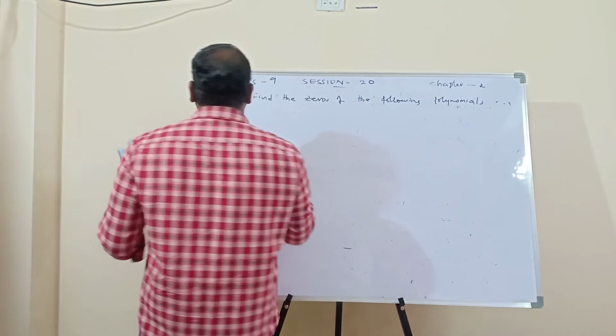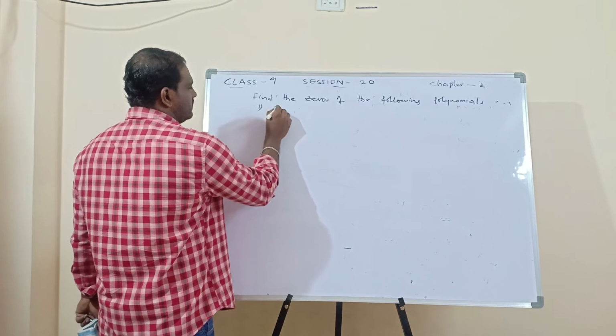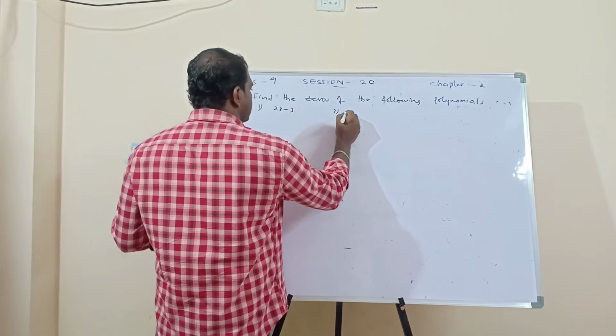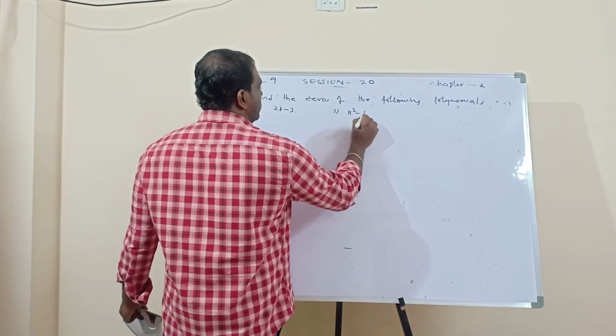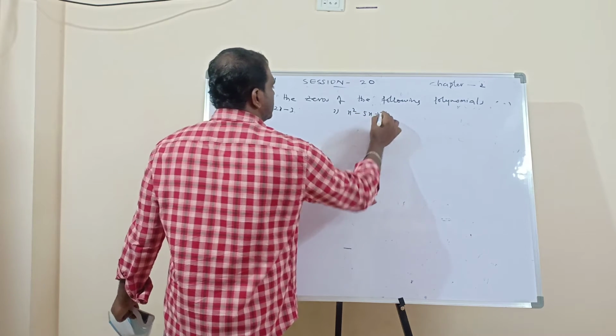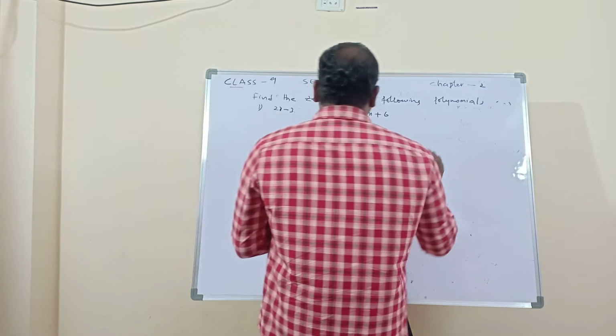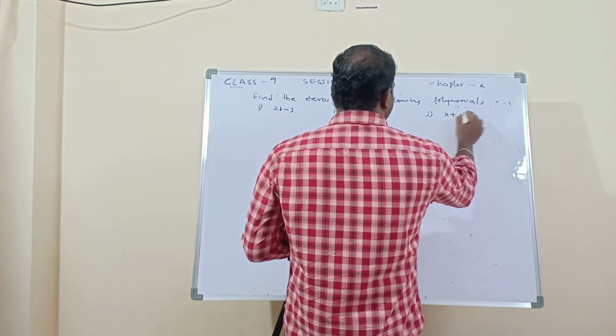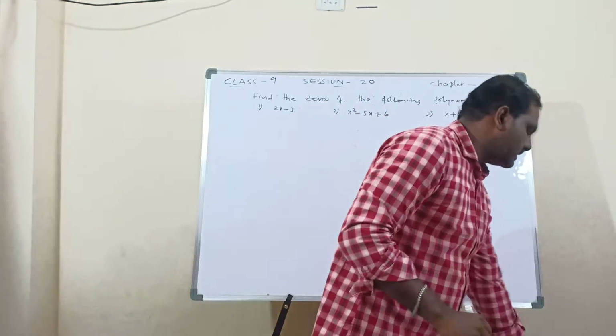So the first one is 2x minus 3. Second one is x square minus 5x plus 6. And third one is x plus 5. Okay, these are the questions.